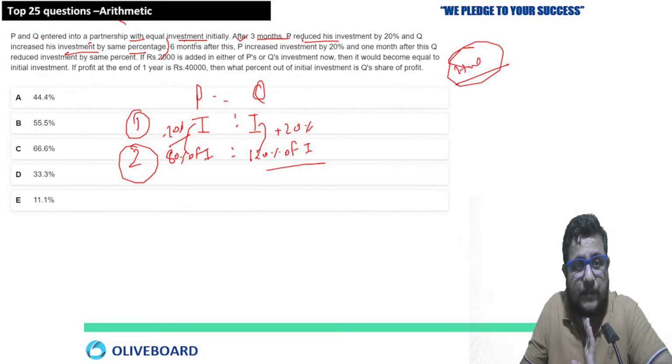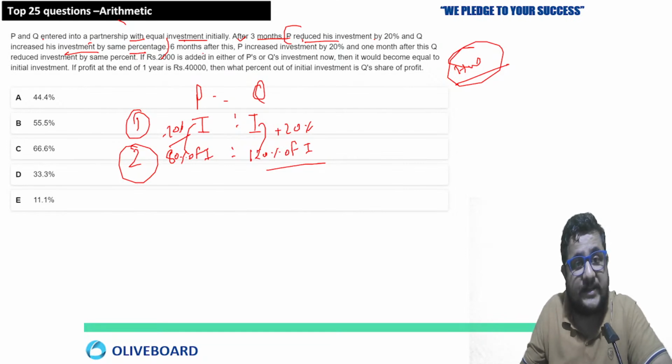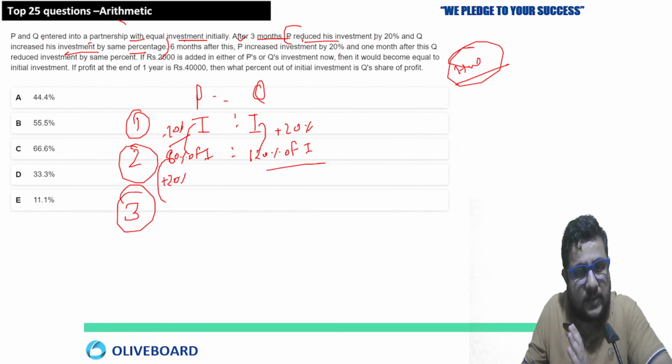I'm talking about this particular line. P reduces investment by 20%, Q increases the investment by the same percentage. 6 months after this, P increased the investment by 20%. So 6 months means the third time they have made changes. So 6 months after this, P increased 20%, and 1 month after this, Q reduced his investment by the same percent.